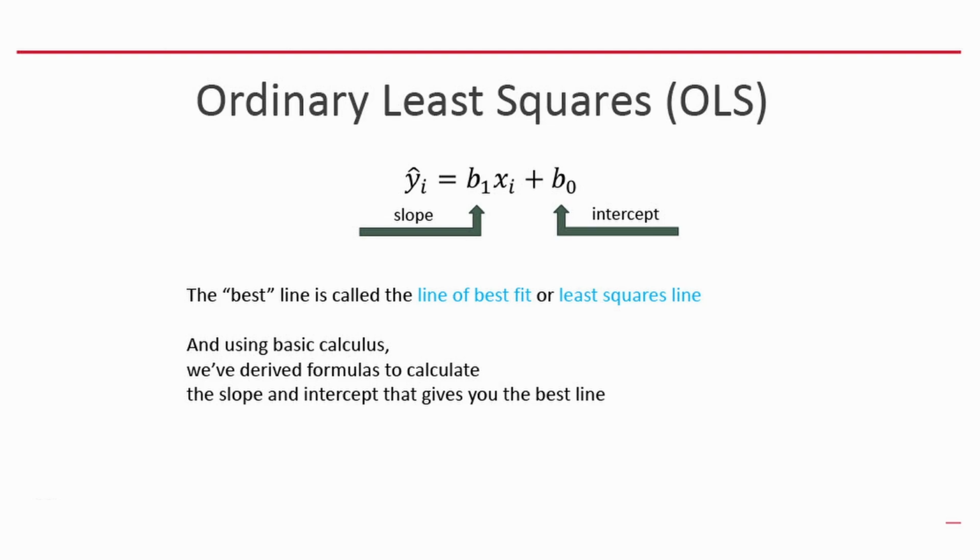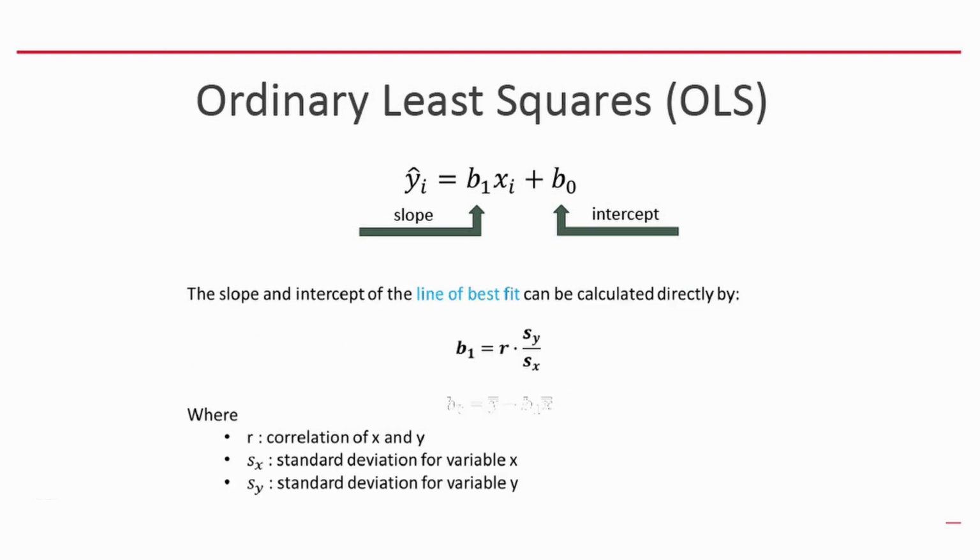There are formulas that'll give you b1 and b0 straight away, and the formulas use the information from our data directly. The formula for the best slope, b1, is the correlation coefficient between x and y times the standard deviation of y divided by the standard deviation of x. b1 is the slope of our line.